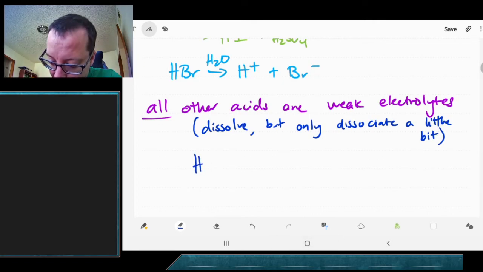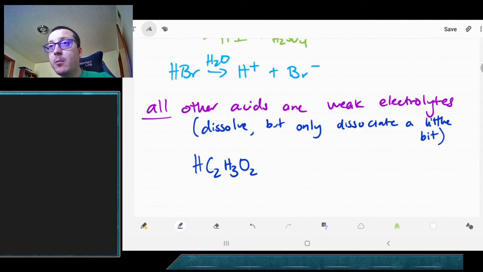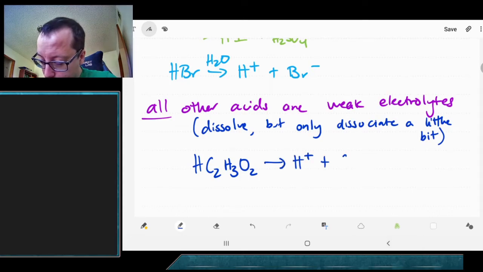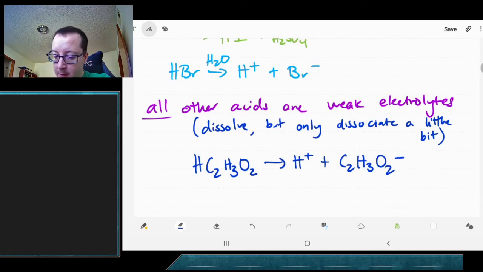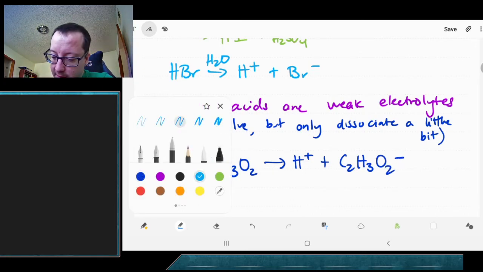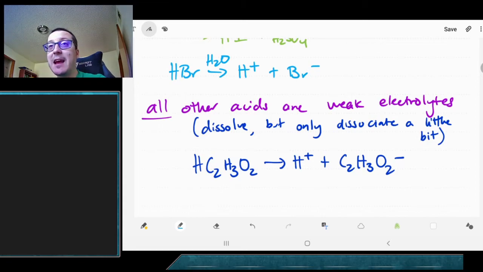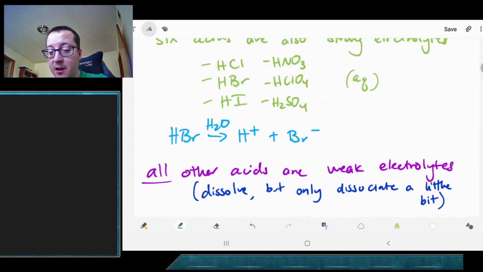For example, acetic acid, we're going to see that as a weak acid, as a weak electrolyte, it's not one of these 6.